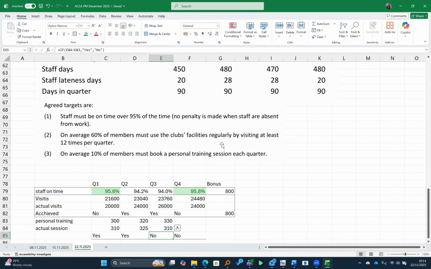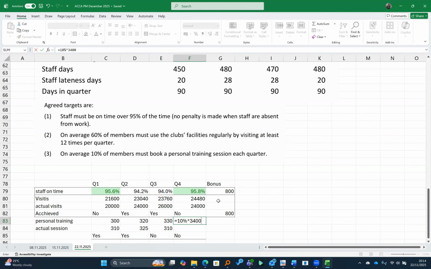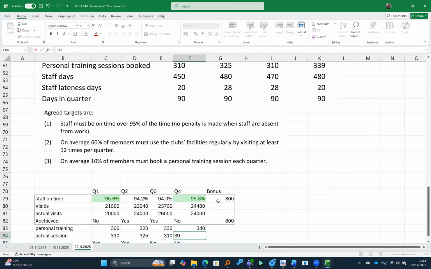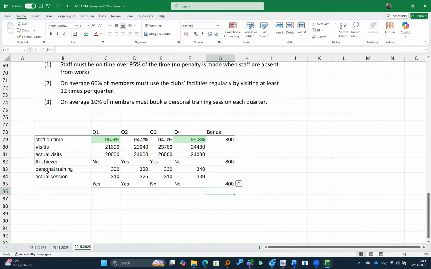So that means they didn't achieve that. And then for quarter four, 10% of 3,400, that's 340. And here they actually put 339. So they also didn't achieve. So here only 400. So that's how we do this.